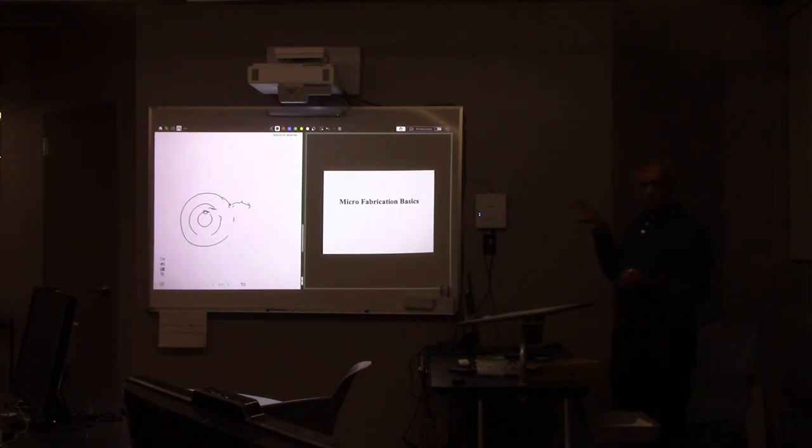This clean room is very versatile, it has all the capabilities. The only problem is it is underutilized because we don't have too many users here. But if you have any idea and can afford it, it's a good facility to use.